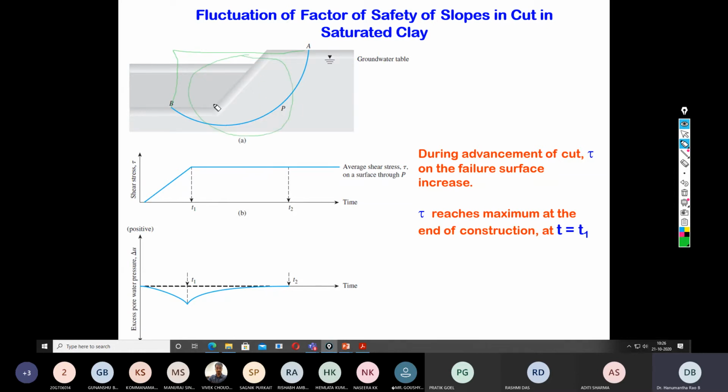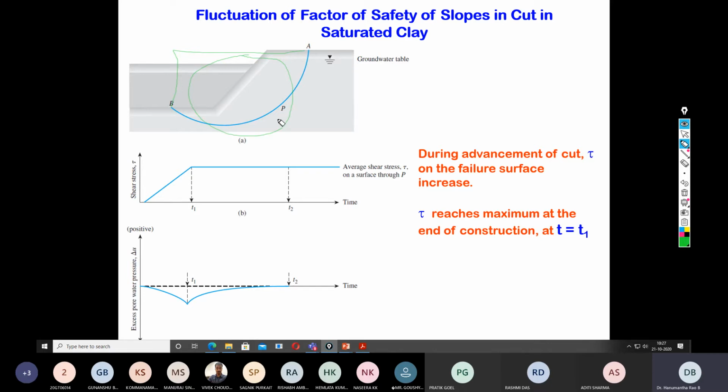But when you are making the slope or cutting it, the original ground condition slowly transforms from one condition to another. Initially it is under consolidation, self-weight consolidation. But when you progress with the cutting, the consolidation problem transforms into slope stability.